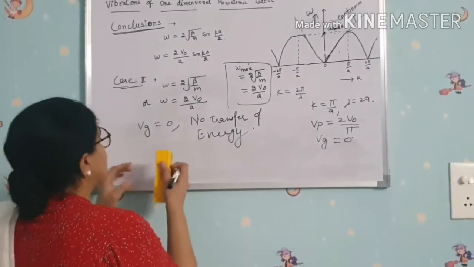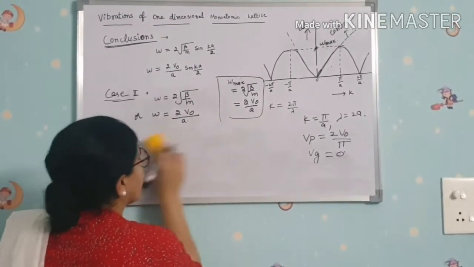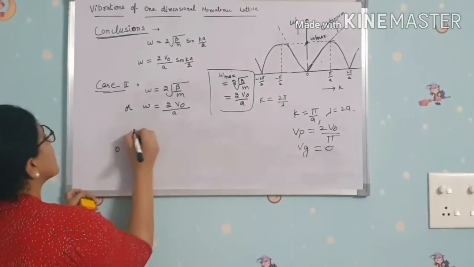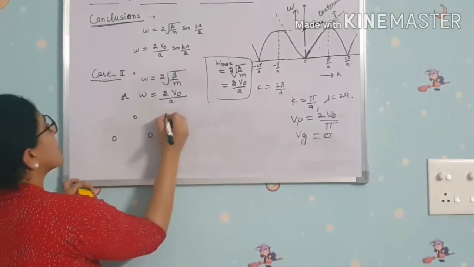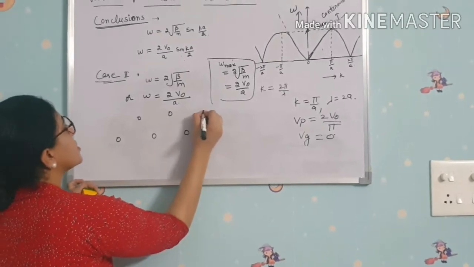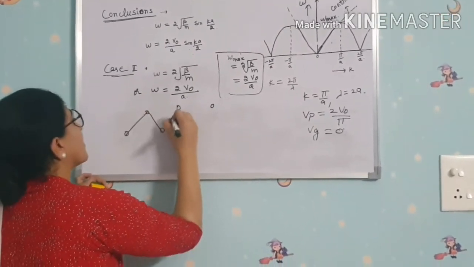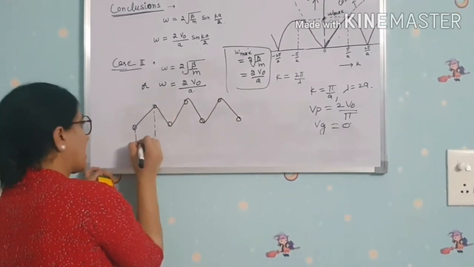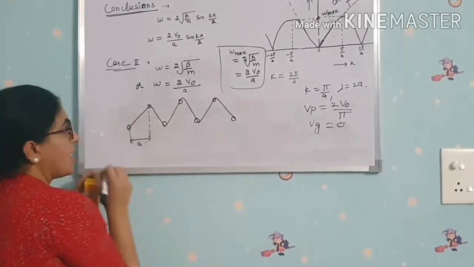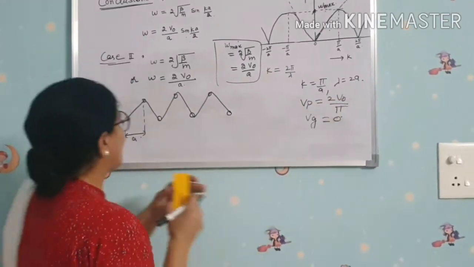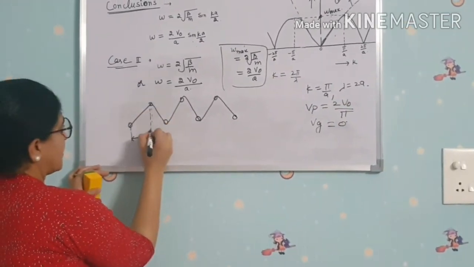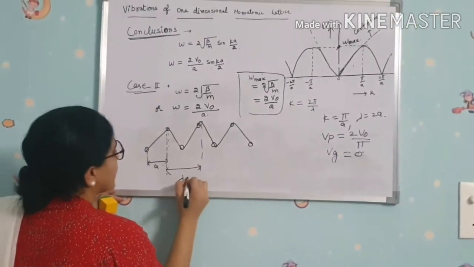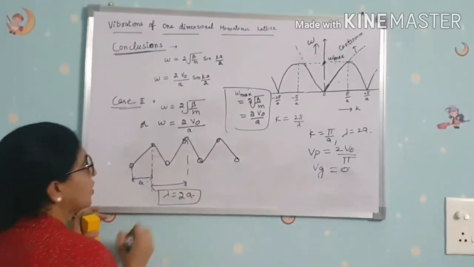The wave is like this, the position of atoms like this, and this is a. And lambda is 2a. So from this it is clear that the distance between this atom and this atom is lambda, and this lambda is equal to 2a.